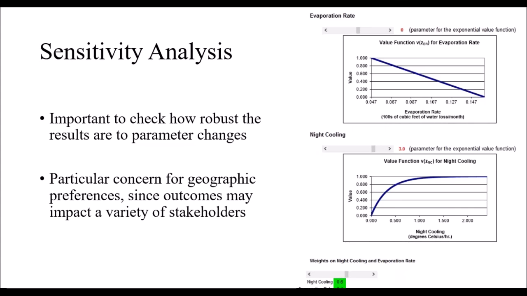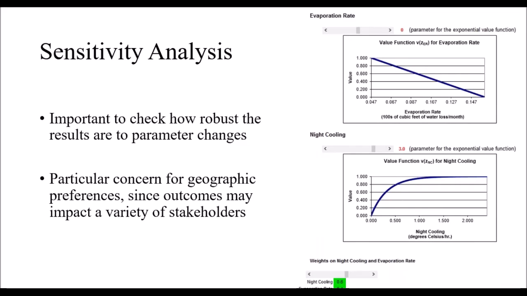I highlight it in particular for geographic decisions because outcomes are dispersed and tend to affect a variety of stakeholders. So you generally want to make sure that a very small change in a parameter isn't going to lead to a very different decision that some of the stakeholders may feel very differently about.